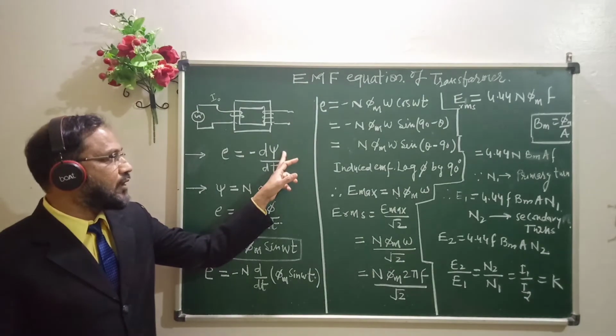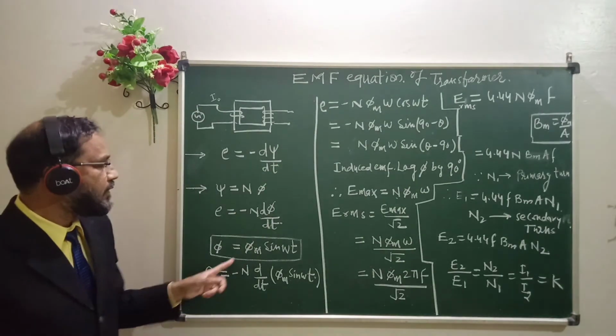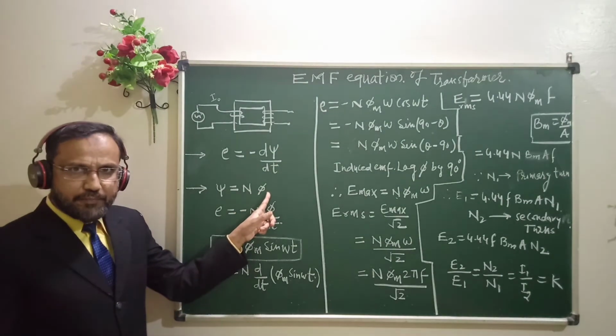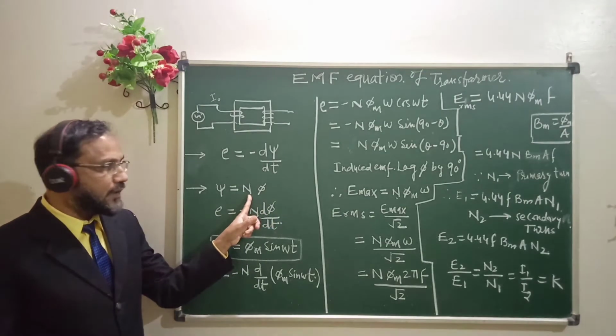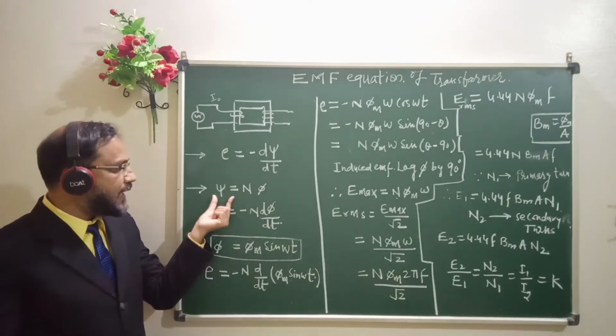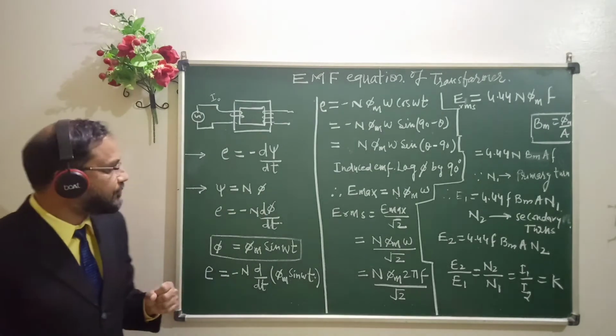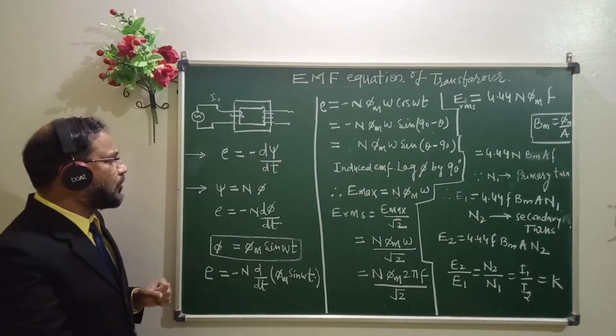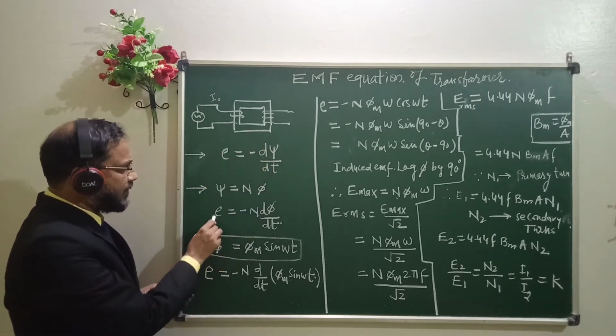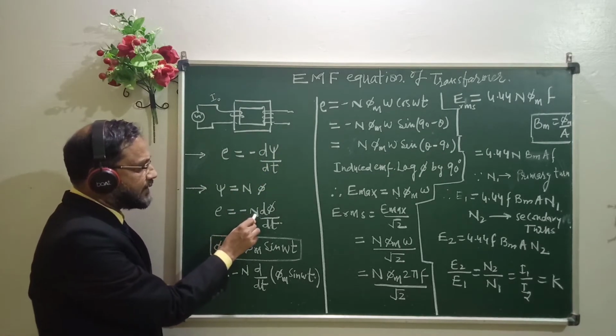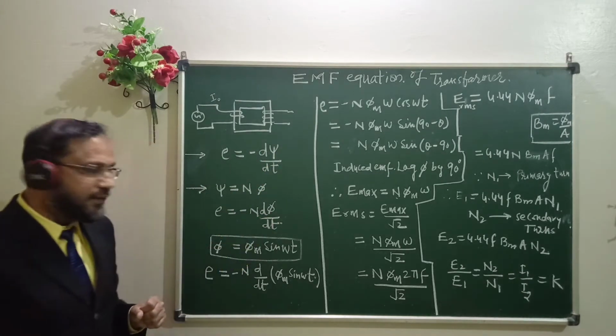Psi is the total flux linkage, phi is the flux per turn and N is the number of turns. Therefore, psi equal to N into phi. So, putting the value of psi here, it becomes E equal to minus N d phi by dt.